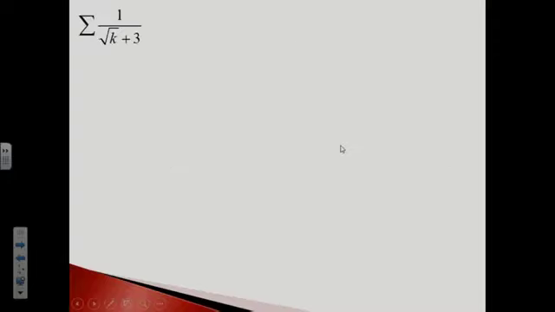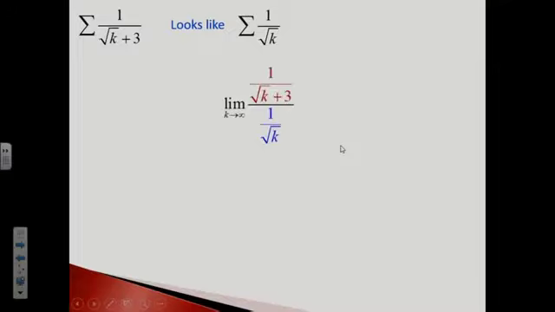Test the series sigma 1 divided by square root of k plus 3 for convergence. The general term of the given series seems to be similar to the terms of the series sigma 1 divided by square root of k. We compute the limit of a_k divided by b_k. It equals the limit of 1 divided by square root of k plus 3 divided by 1 divided by square root of k, which equals the limit of square root of k divided by square root of k plus 3, which equals 1.